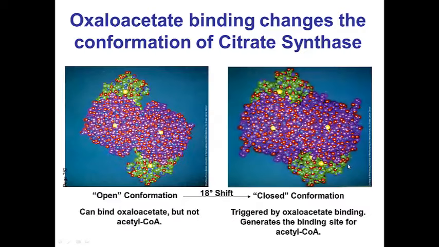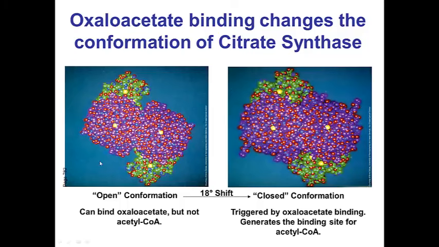So to take a look at this mechanism, much like what we saw for hexokinase, this is an enzyme that has a cleft, the active site lies within a cleft, and the conformation of the enzyme closes. It's approximately an 18-degree shift to close that enzyme to make sure that we don't have any side reactions that can occur.